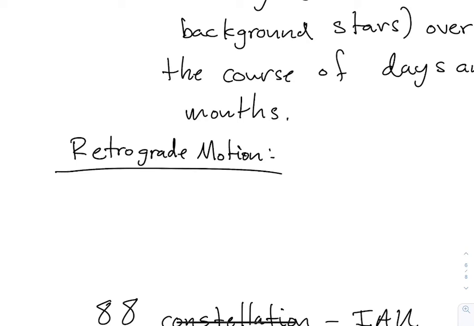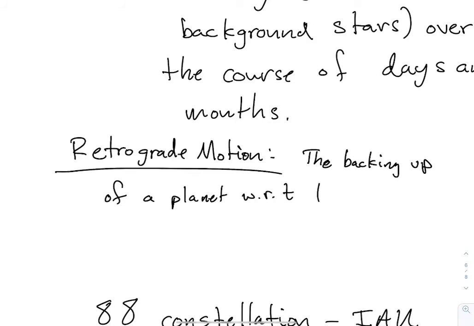Retrograde motion is the backing up of a planet with respect to the background stars.